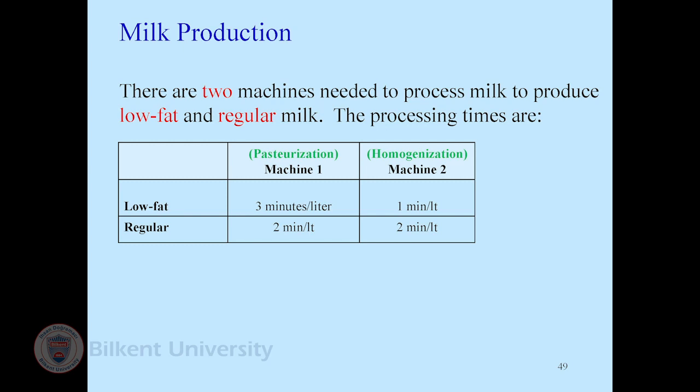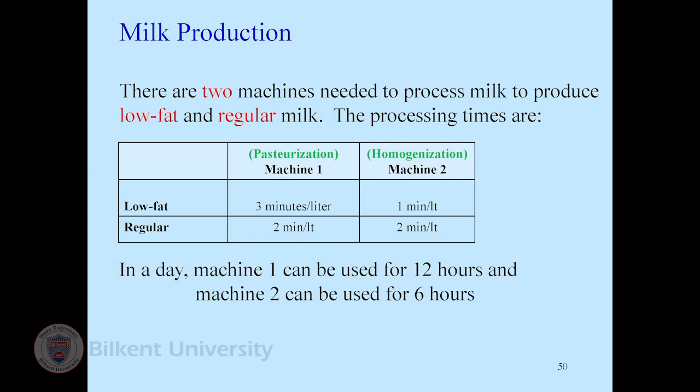And for homogenization, it requires 1 minute per liter, all right? Regular milk, 2 of each. Okay, looks like a very easy problem, right? 2 types of products, low fat and regular, and 2 types of machines, pasteurization and homogenization, okay? So, what is the problem then?